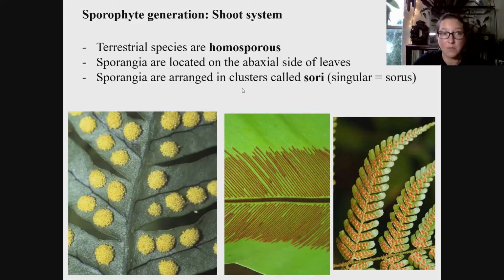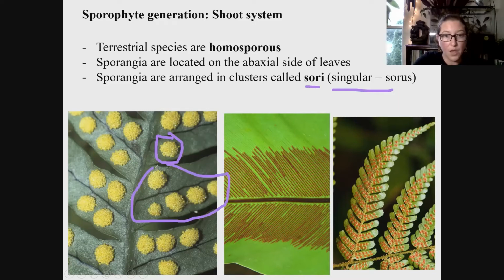Sometimes the sporangia are arranged in clusters, and when they are, those clusters are called sori, the plural, singular sorus. So this is one sorus. This is five sori.